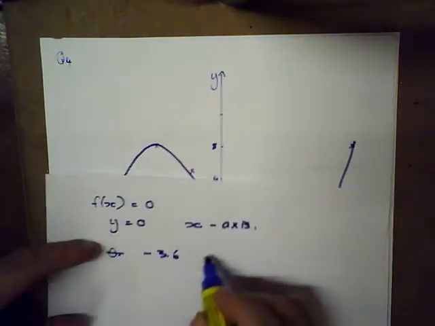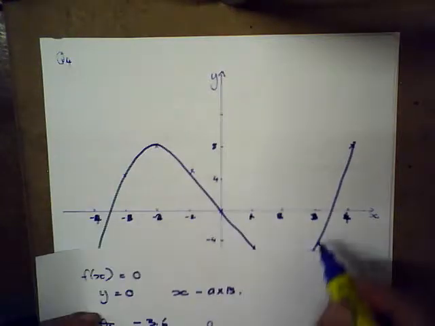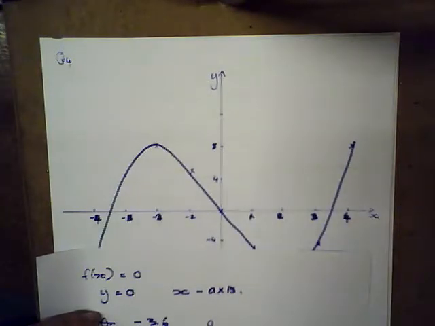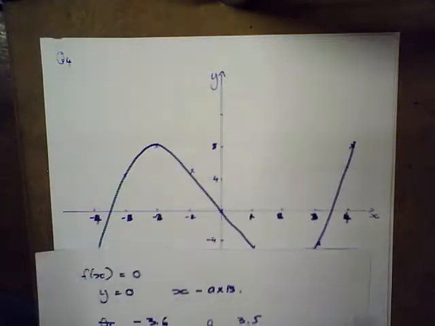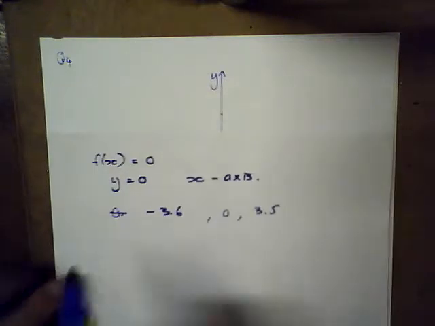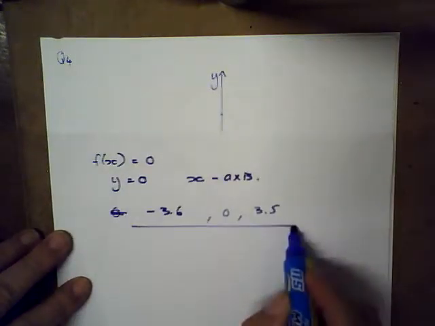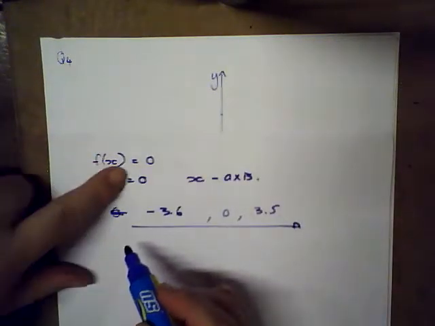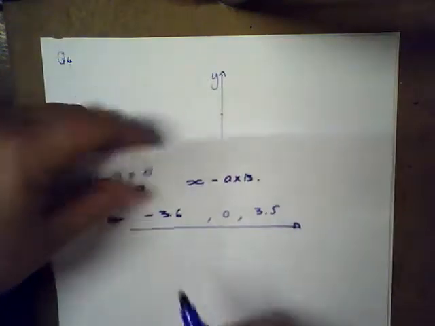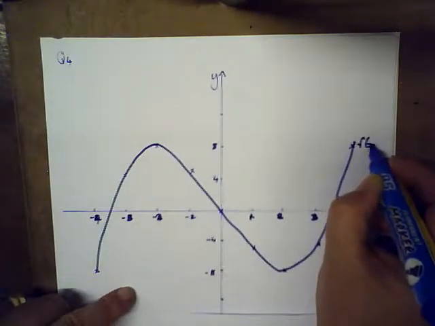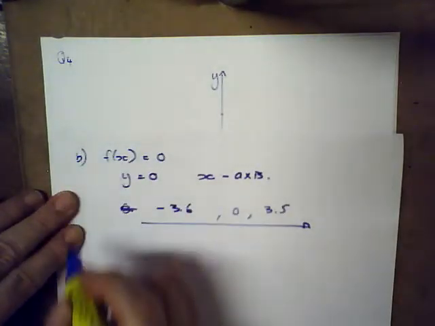It will definitely cut there at 0. And I would say about 3.5 on my grid. Okay, about 3.5. It could be about 3.6 as well. And those are the places where the graph would be equal to 0. And that was question B.